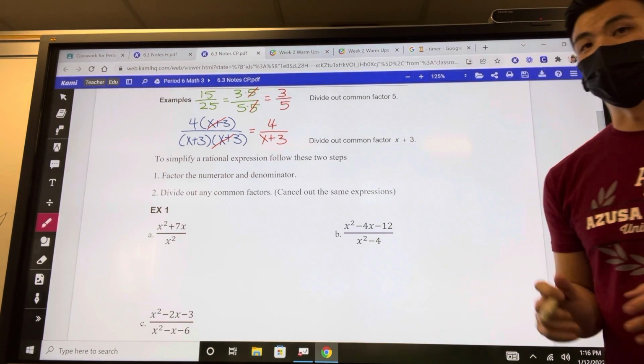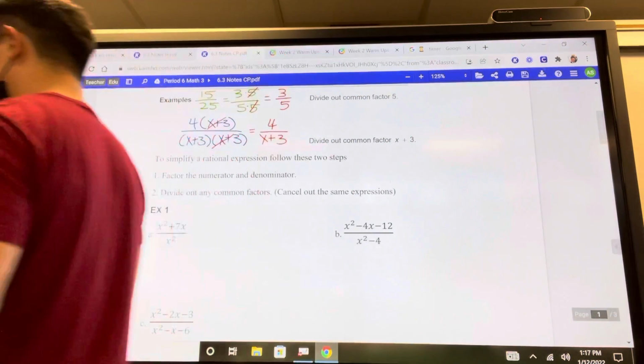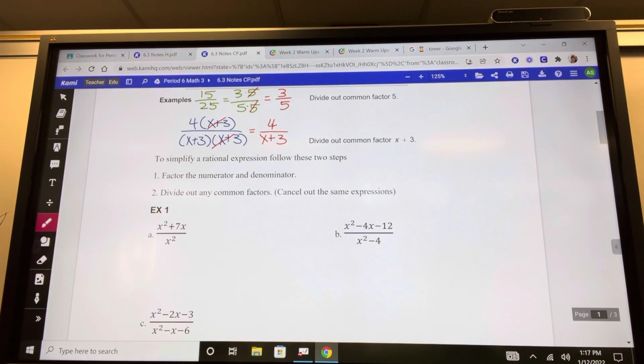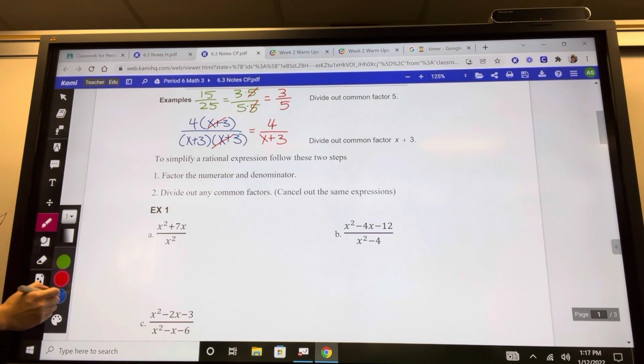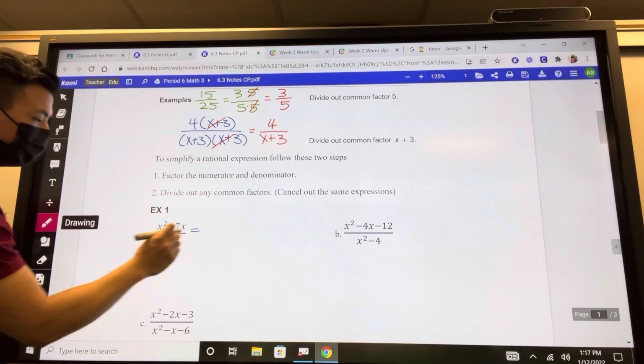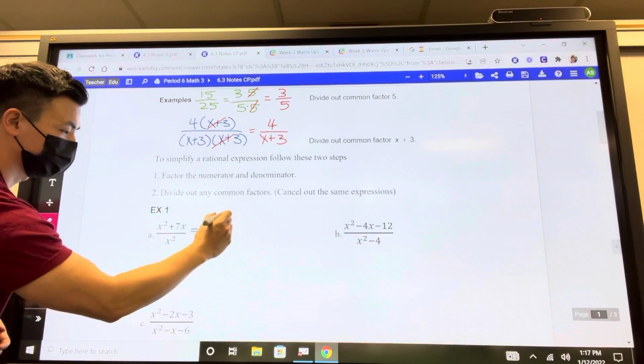So take a look at example 1. Do I have anything in common with all 3 of my terms here? X. So I can factor out x on the top and the bottom here. So what that looks like is this. If I look at the top here, I can factor out an x.